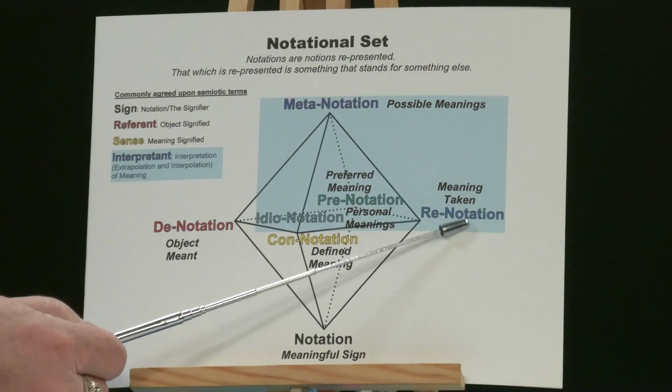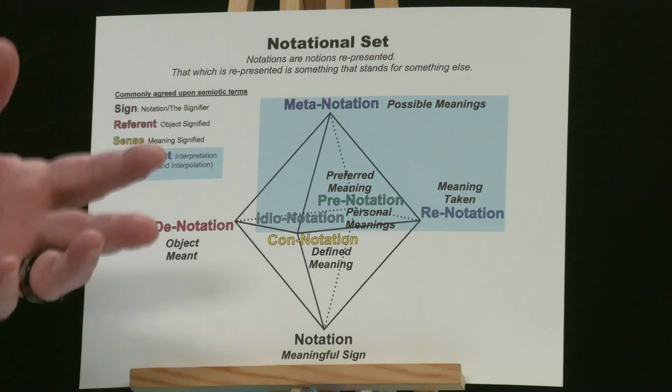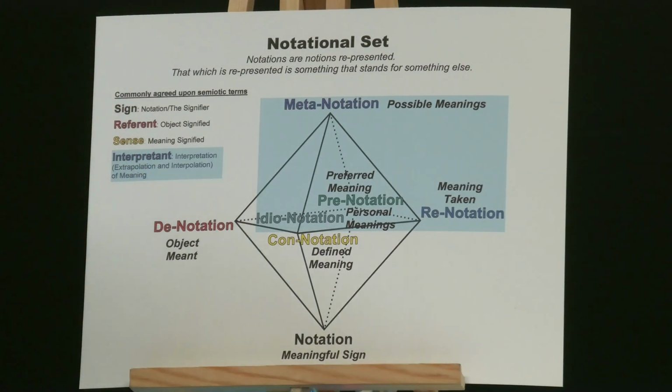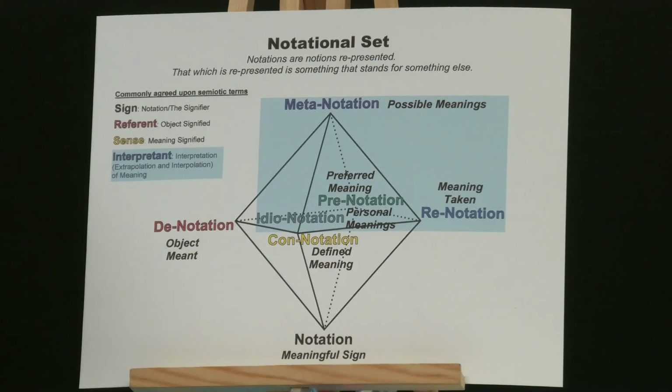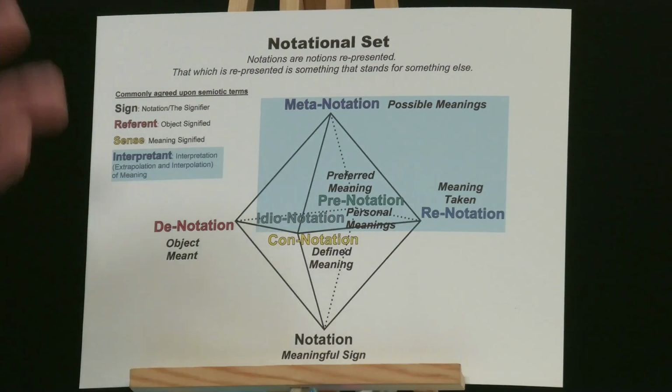We talked about, just to recapitulate quickly, your personal meanings that are occurring as you're thinking in any given moment. That's your renotation of any notations that are coming your way. That's all based on your idionotation, that is your inner set of notions that form the system for your interpretation.